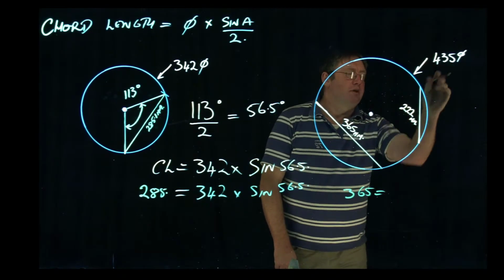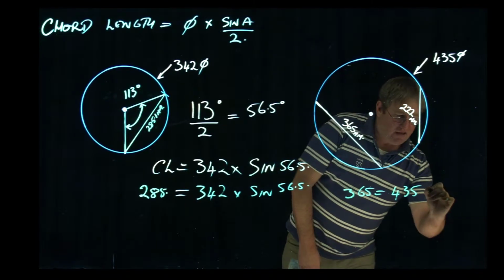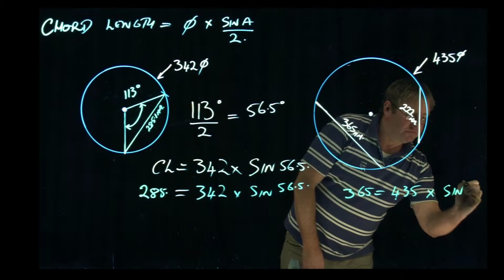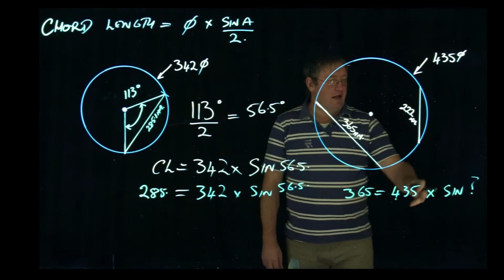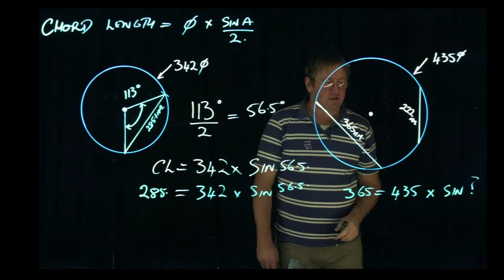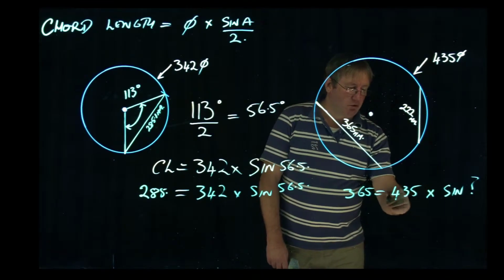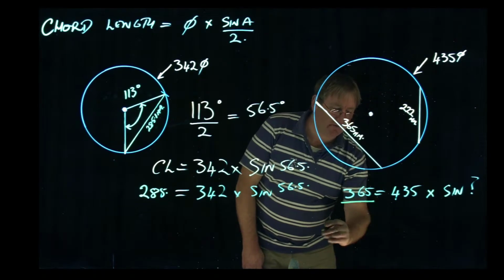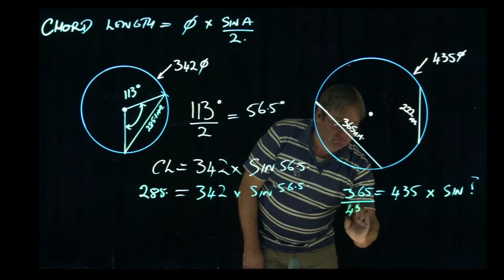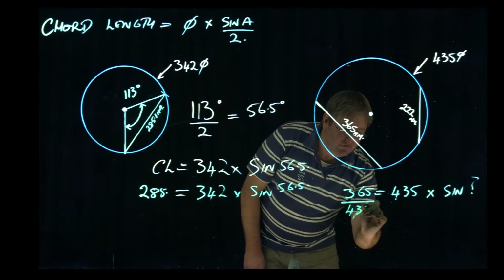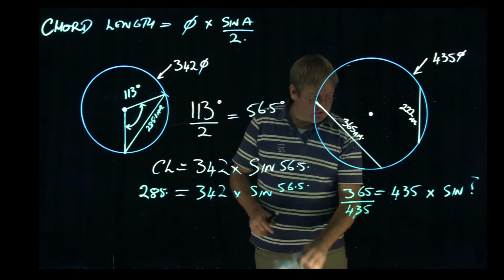I've got my diameter here of 435. And if we looked at the formula, we're trying to determine what that actual sine number is going to be. So when we transpose the formula, this is multiplying on this side, so it becomes a dividing factor. So it's 365 divided by 435.